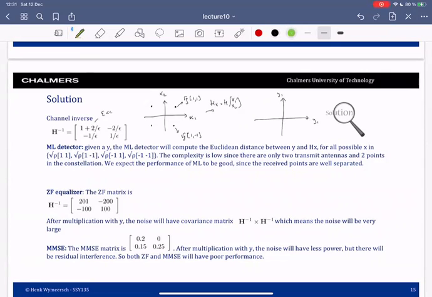I haven't tried this, but let's say that they will end up something like this. So this point here, after passing through the channel, will end up, let's say here, and this point here will end up, maybe here. I'm just making a guess. You can evaluate this yourself by just multiplying the transmitted points with the channel matrix.